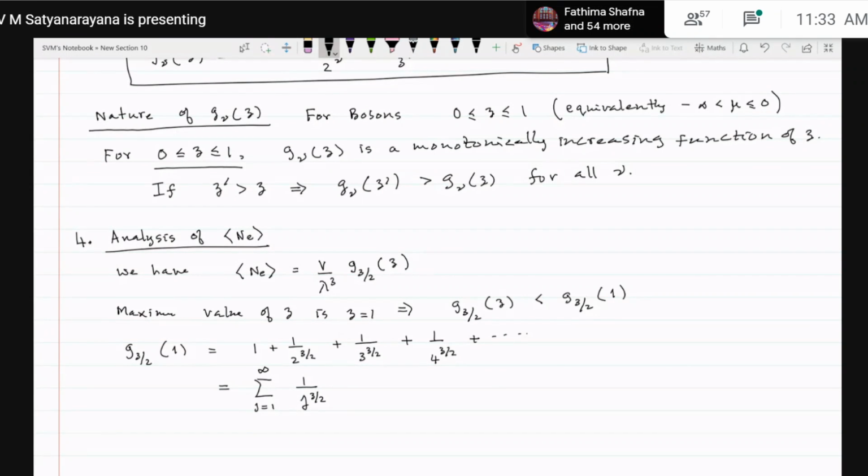In mathematics, there is a well-known function of this type, called the Riemann zeta function.